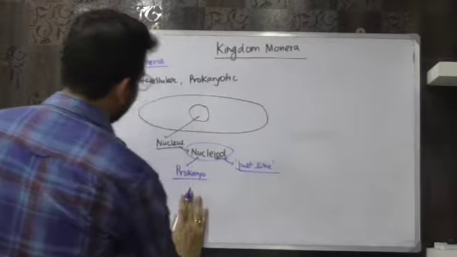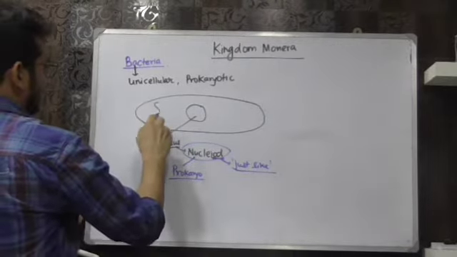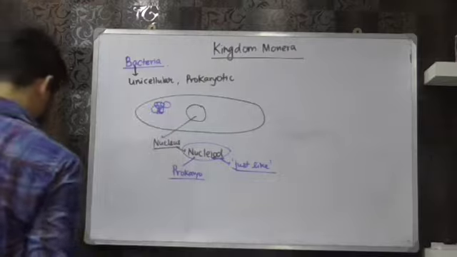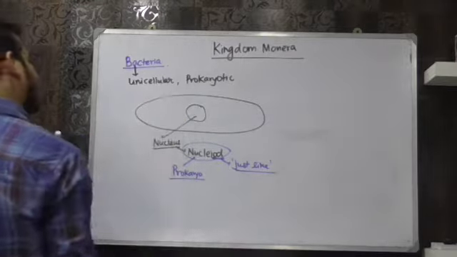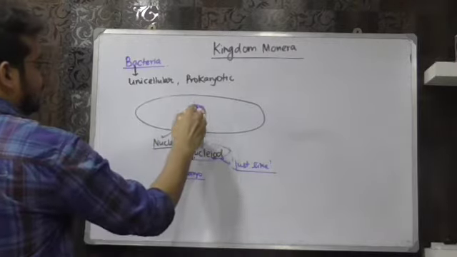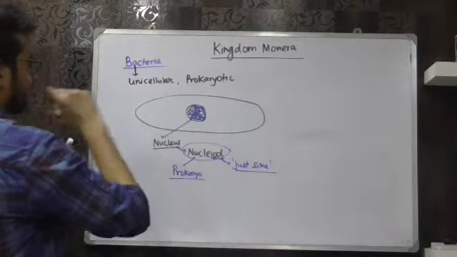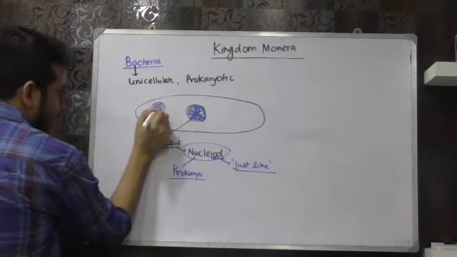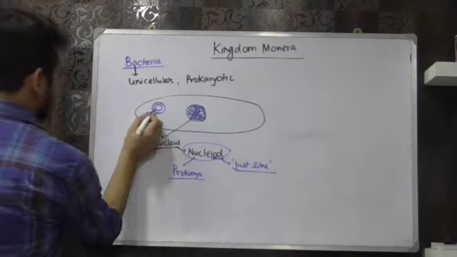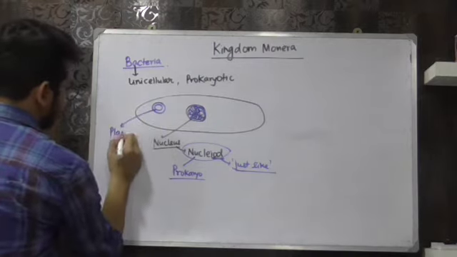Okay. Apart from this nucleus, we have some other structures as well. If I draw it like this, this is the nucleus, and outside the nucleus there is a structure which looks like this, and this is known as the plasmid.